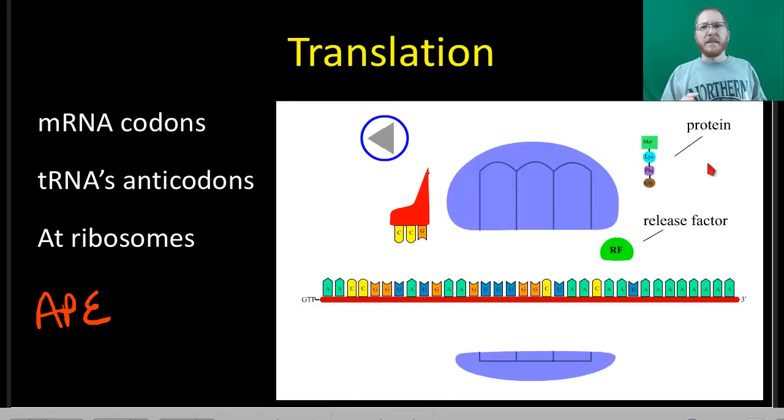Now, once the mRNA is in the cytoplasm, we're open and available to a family reunion of the different types of RNA. So we've got mRNA, which is ultimately going to have the codons, which contain the code. It's going to have tRNA with the anticodons, which are important because the tRNAs are the ones that correspond the codon, thanks to their anticodon, the complement, to the appropriate amino acid that we should be involving.